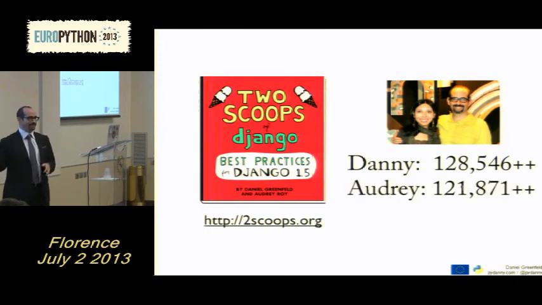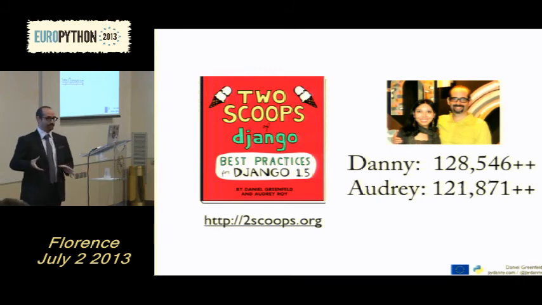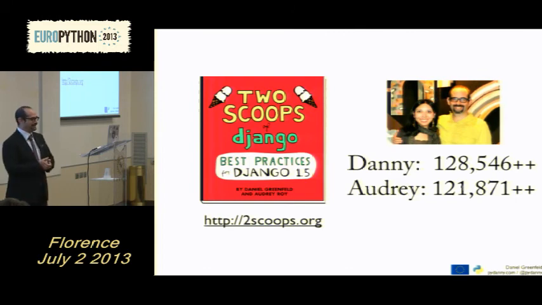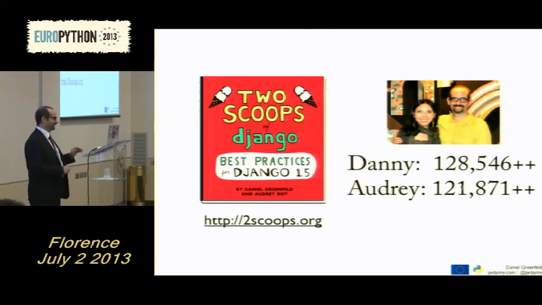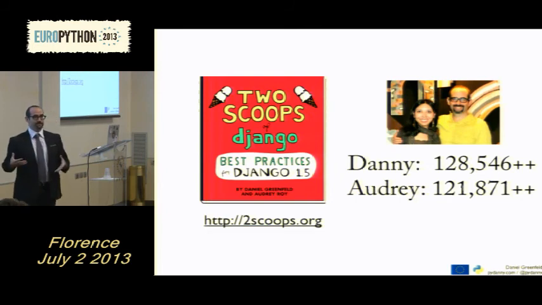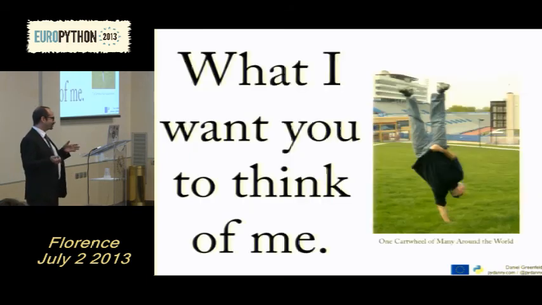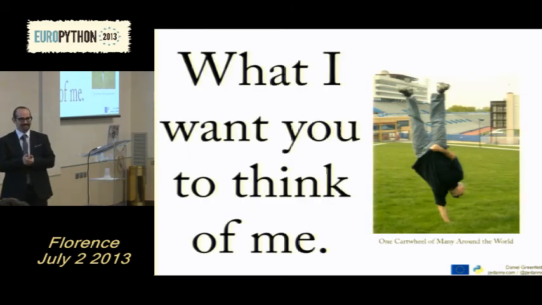She did a lot of work. And actually, these stats aren't exactly accurate because I copy-pasted stuff from an earlier version, which wasn't on GitHub. And she also did the art and illustration in addition to code and writing and tons of stuff. So don't just come up to me and say, I really liked your book, or you got something wrong in the book. Come up to Audrey. Or maybe just say the nice things to her and say the other things to me. Okay, so on to the talk.